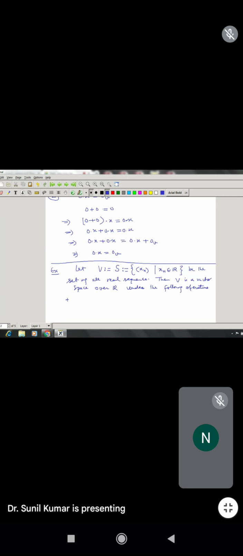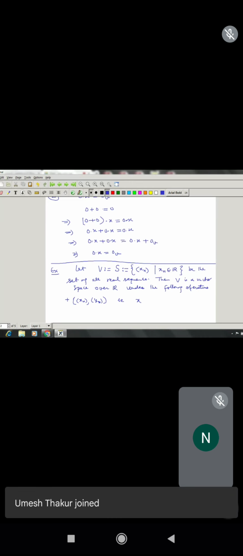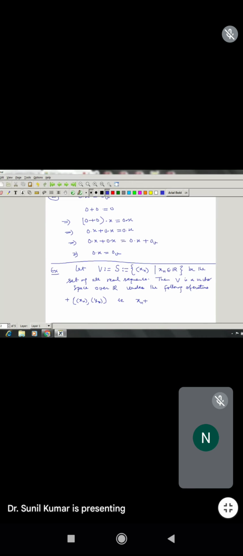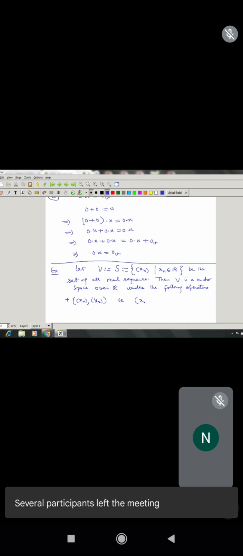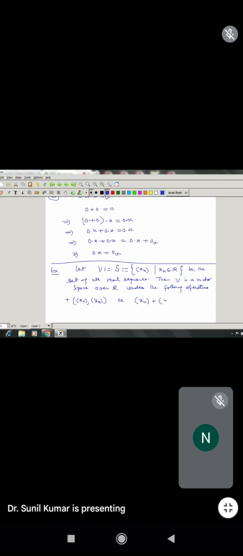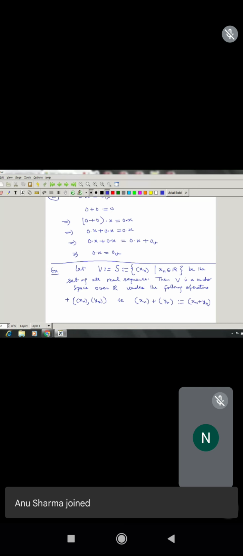If we take addition, how do we add sequence xn and sequence yn? The sum of sequence xn and sequence yn is defined as xn plus yn. It means we add the first term of the sequence with the first term of the other sequence, and similarly the corresponding terms.